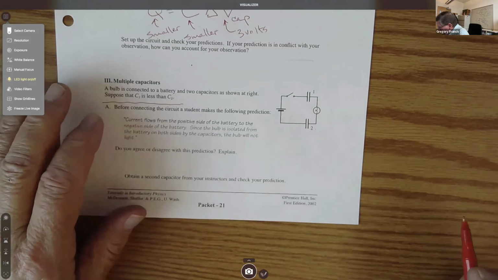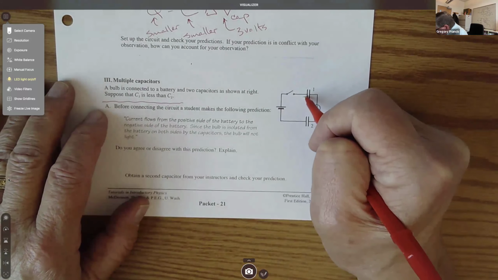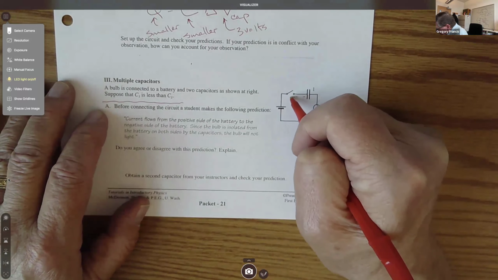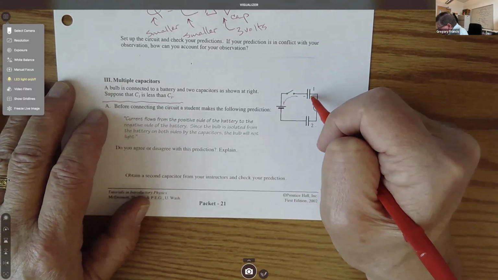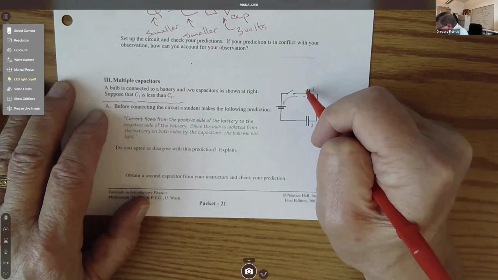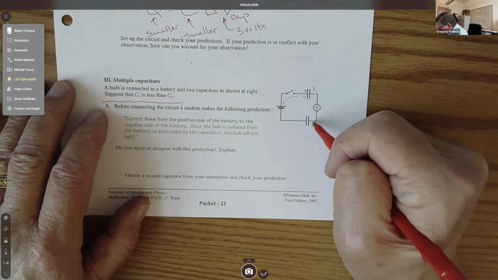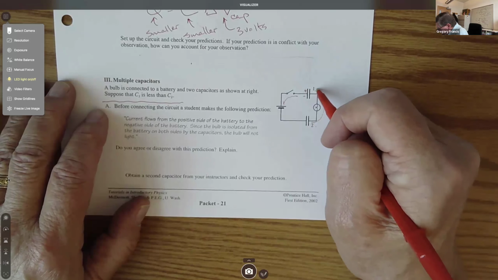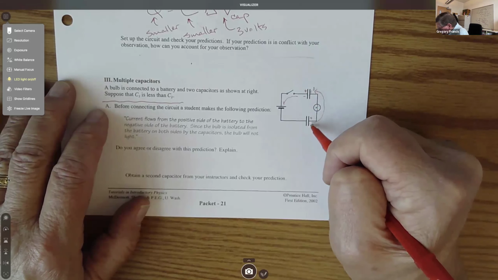But what the battery does is it steals an electron from this plate, sending it that way. That is going to leave a positive behind, and that positive is going to attract a negative from that plate, leaving a positive here.